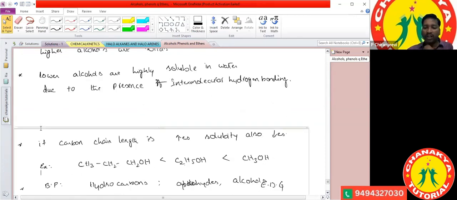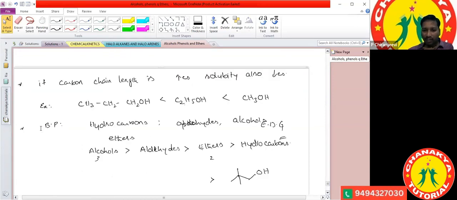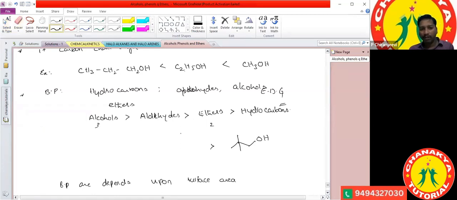Right. If the carbon chain length increases, does solubility increase or decrease? Did you get my question or not?